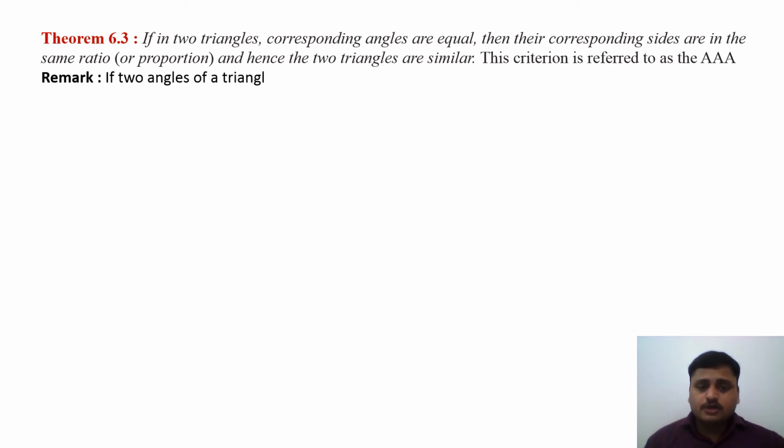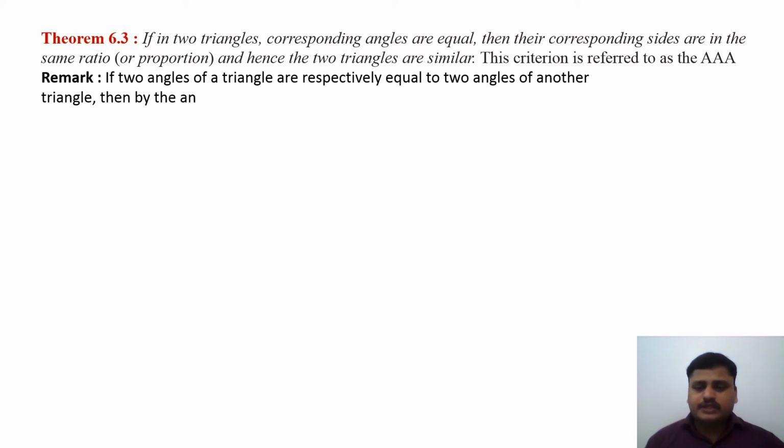If two angles of a triangle are respectively equal to two angles of another triangle, then by angle sum property of a triangle, their third angle will also be equal.